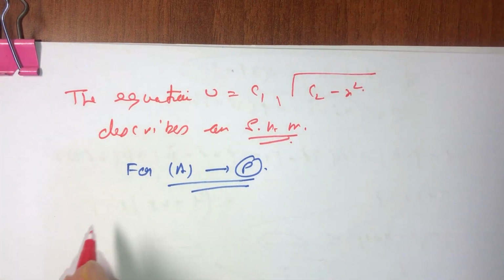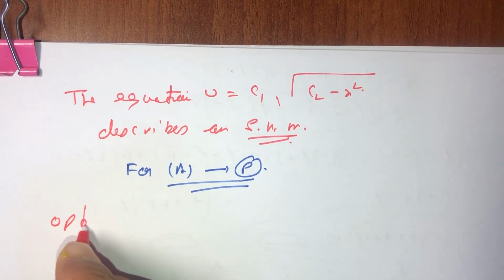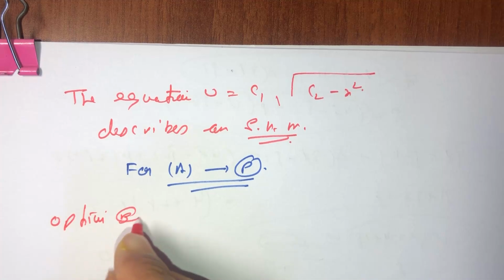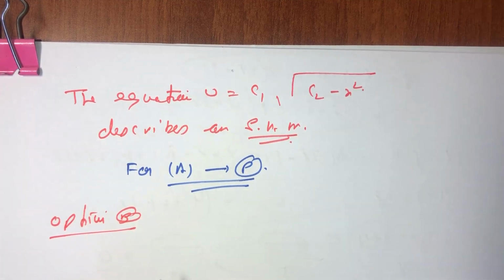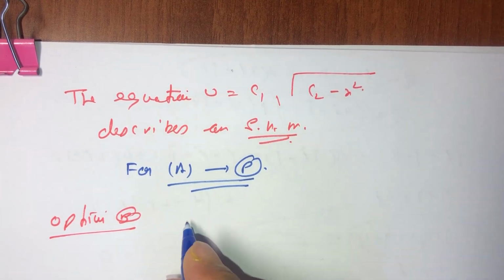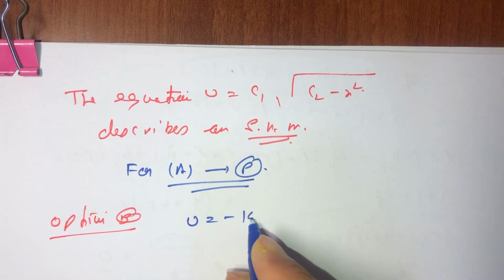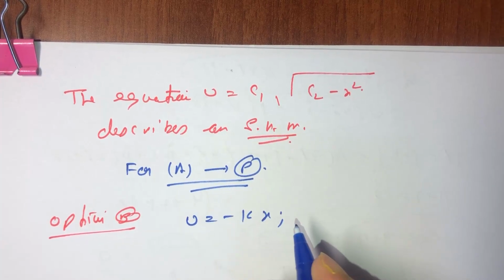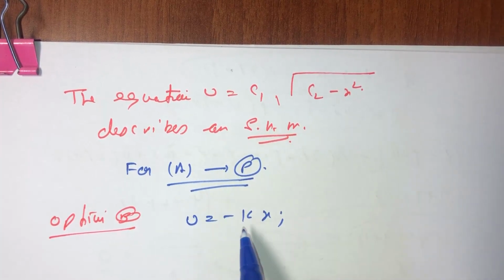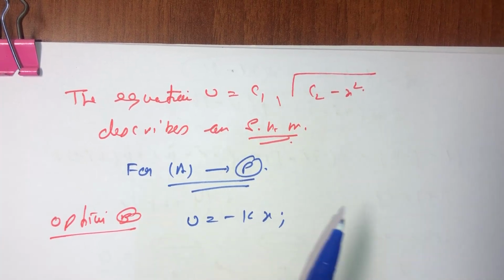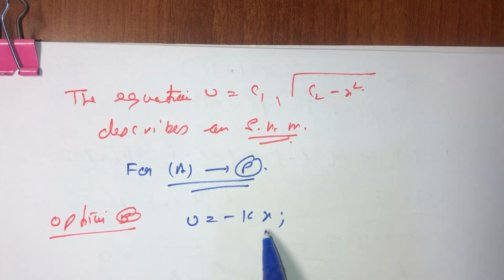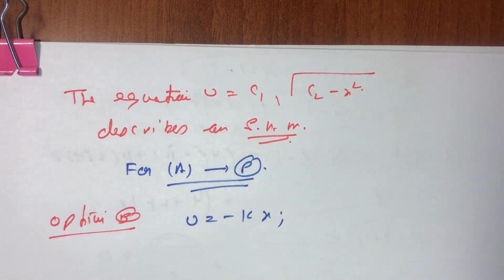So in option B, the equation that is given is V is equal to minus kx, and it describes the linear relationship between the velocity and the displacement x.